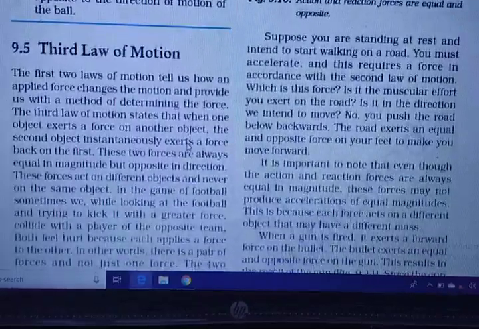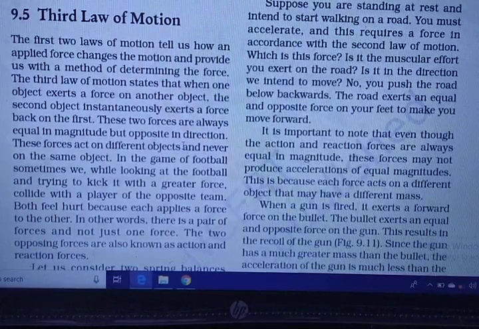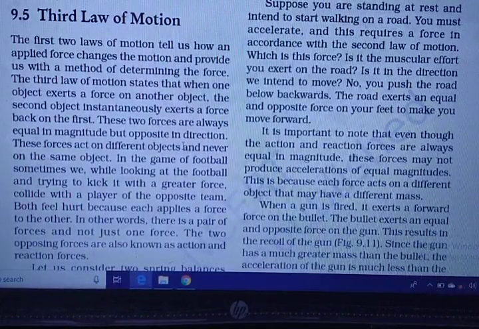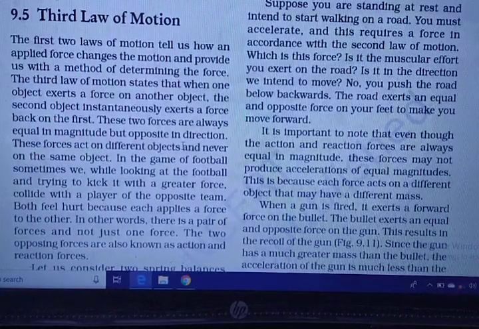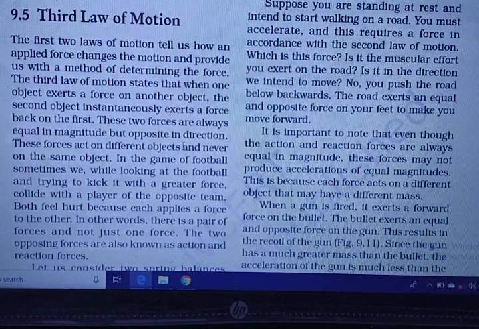Now let's read what the third law of motion is. The first two laws of motion tell us how an applied force changes the motion and provide us with a method of determining the force. In the first law we have seen that an object will remain at rest or in motion unless an external force is applied on it.